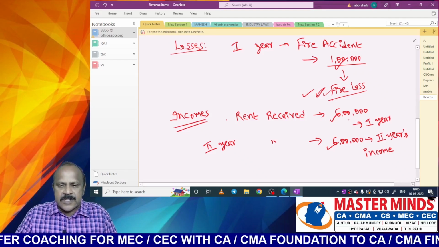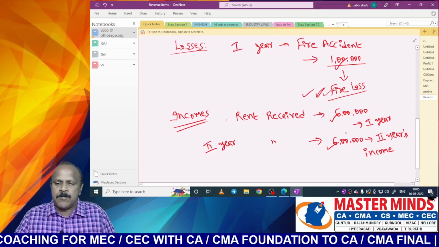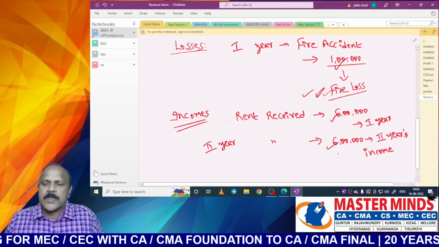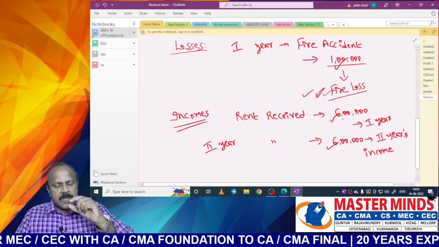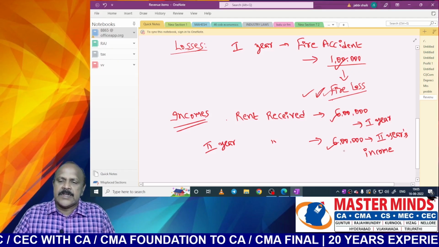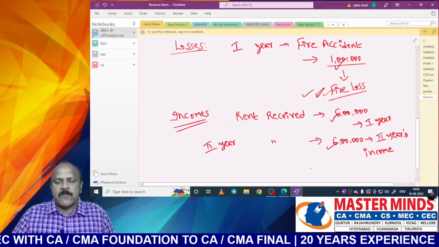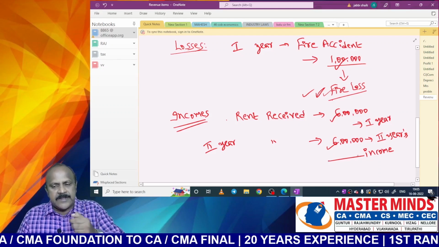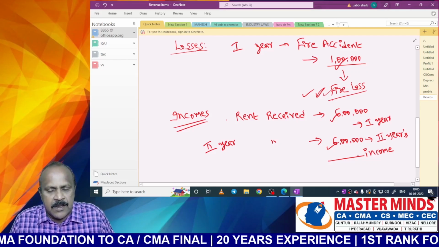So first year rent received is called first year's income. Second year's rent received is called second year's income. First year amount is confined to first year itself. Second year amount is confined to second year itself. But we should not answer in a cumulative way.